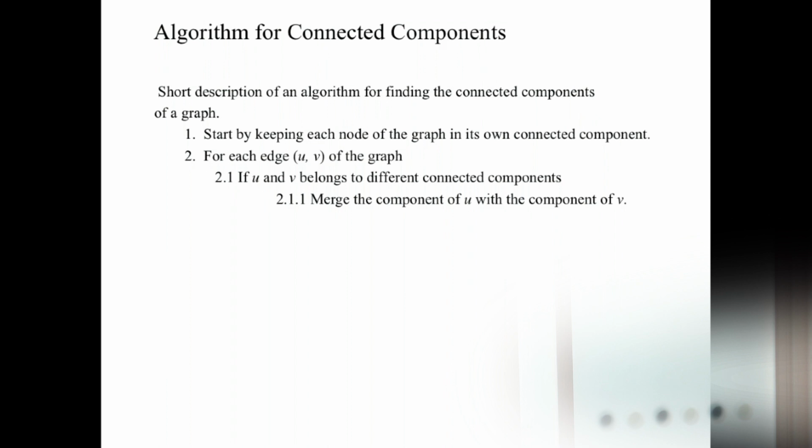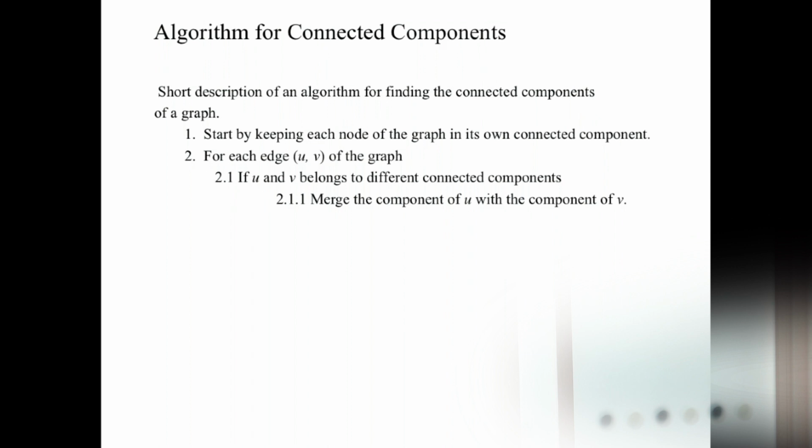If U and V belong to different connected components, if they are not part of the same one, because initially we start with all the nodes in their own connected component sets. If they belong to different sets, however, because we have an edge, and an edge means that these two nodes are connected, they are not separated.